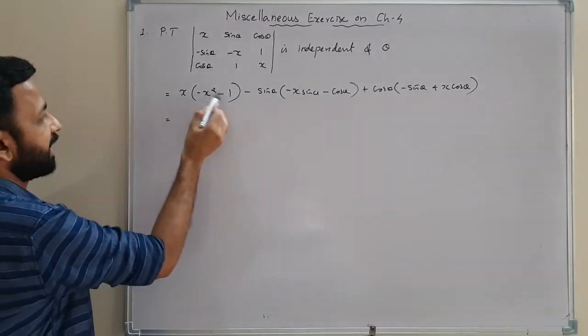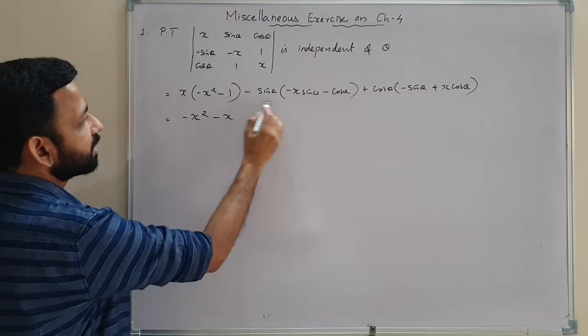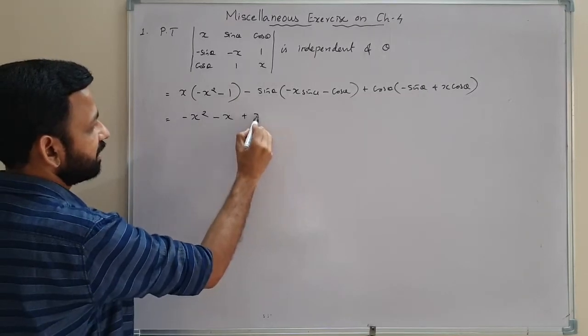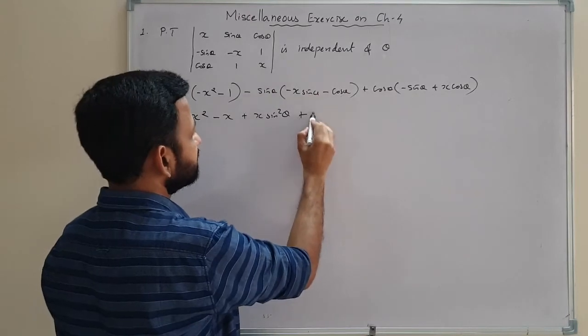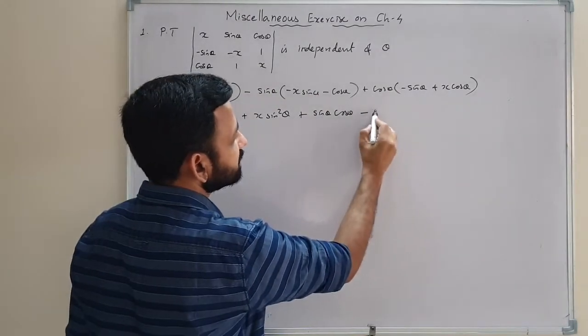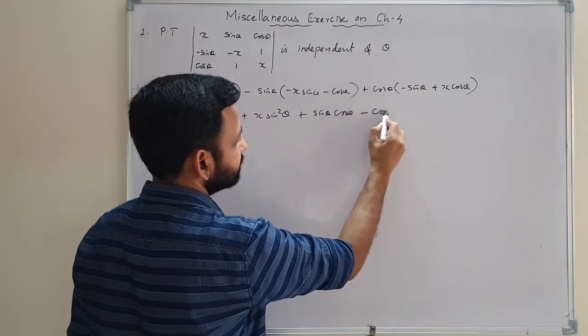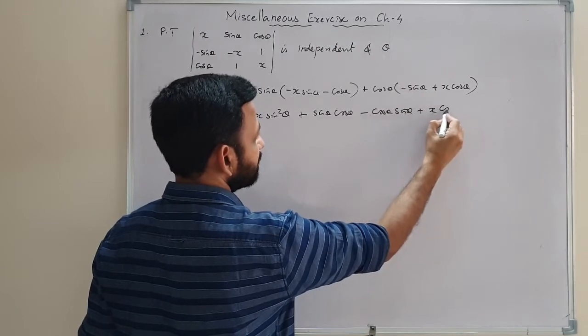Now we can open the bracket: minus x square minus x, then minus into minus plus x sin square theta, then again plus sin theta cos theta minus cos theta sin theta, plus x cos square theta.